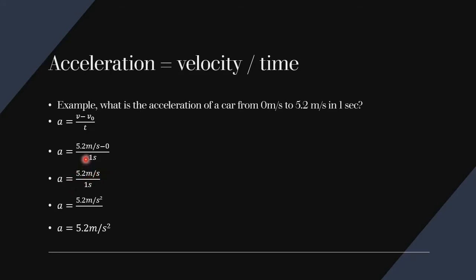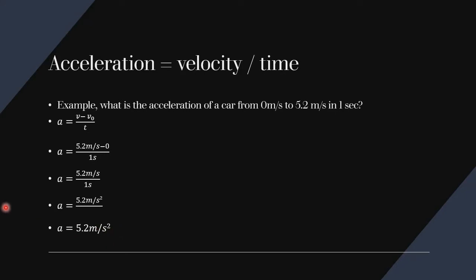So 5.2 meters per second minus 0 over 1 second results in 5.2 meters per second, and since second divided by second becomes second squared, the acceleration is 5.2 meters per second squared. And remember that we know this is an acceleration because there is a second squared in the unit of acceleration.